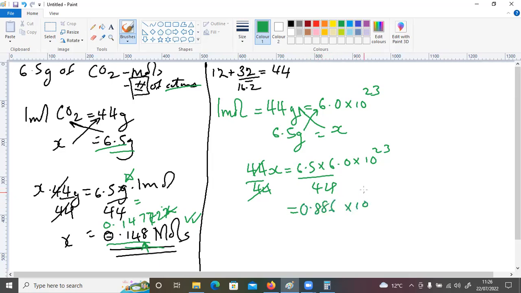So 0.886 times 10 to the power 23. I can't leave it like this. We said this is 8.86 times 10 to the power minus 1, times 10 to the power 23, and this becomes 8.86 times 10 to the power 22. These are molecules.